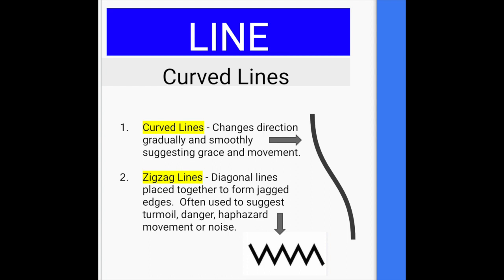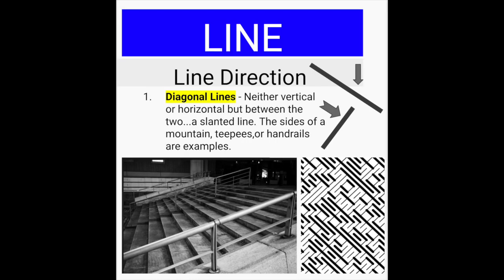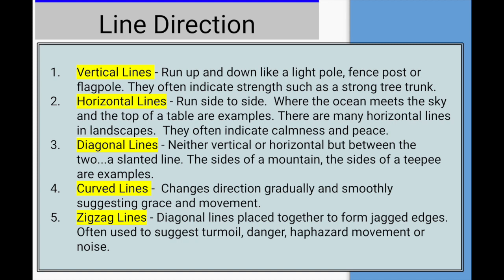Zigzag lines are diagonal lines that are placed together to form ragged edges usually, and they usually suggest turmoil, danger, something haphazard. They can be even zigzag lines or they can take off in erratic directions. And then you have your diagonal line, which is neither vertical nor horizontal, but it's in between the two.